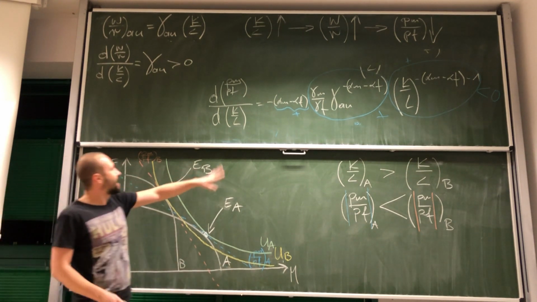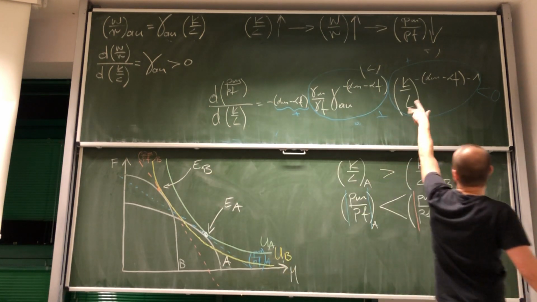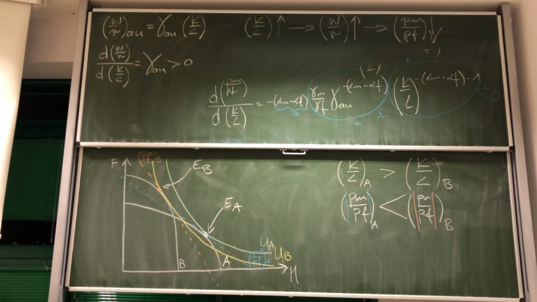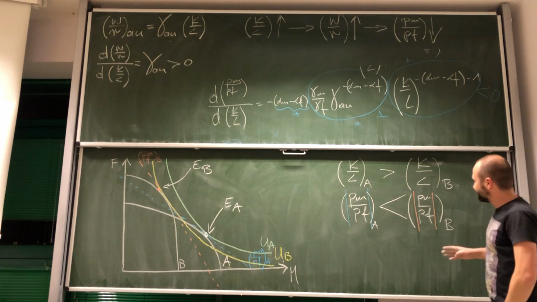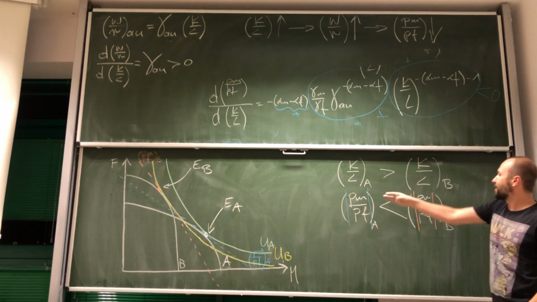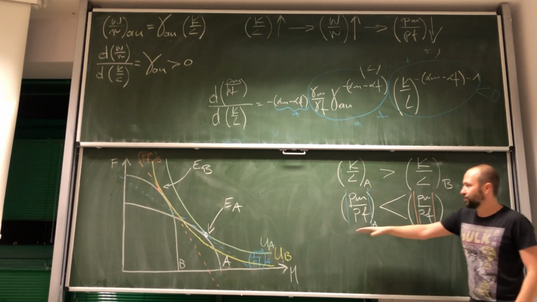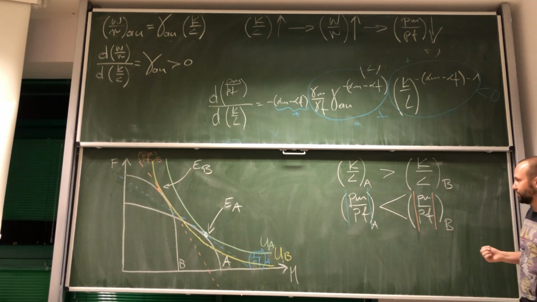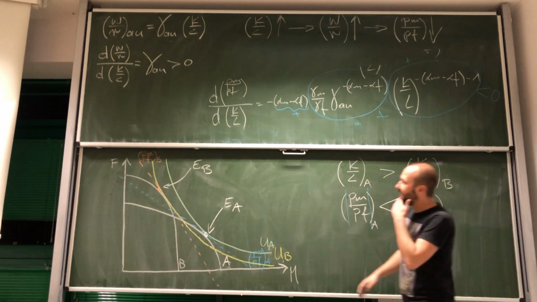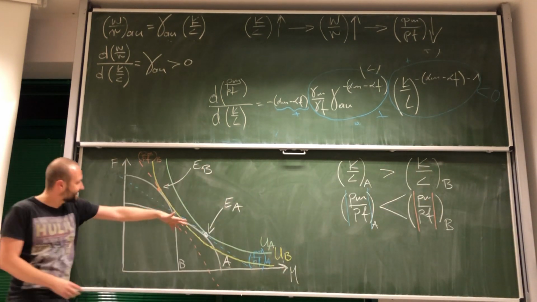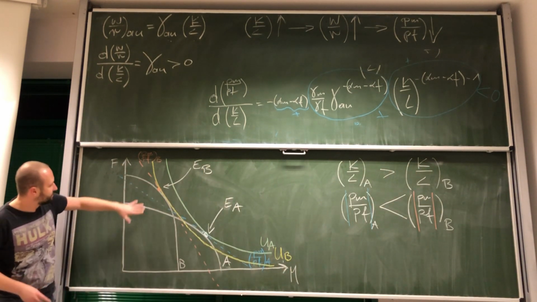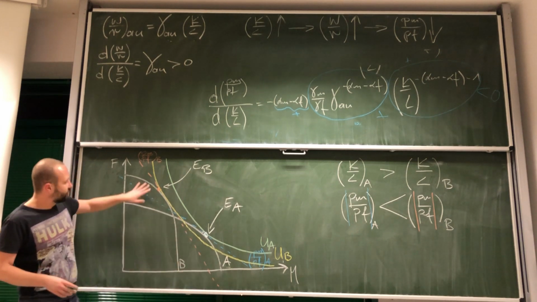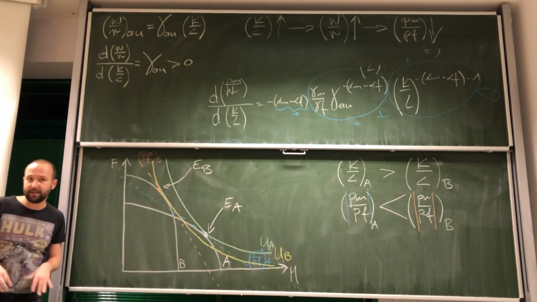Then, we know that as a consequence of the equilibrium conditions within this economy, we can say something about their price ratios. We've established the direction of price ratios. And because of that, we can choose more or less the points that should be chosen on each of these production possibility frontiers.